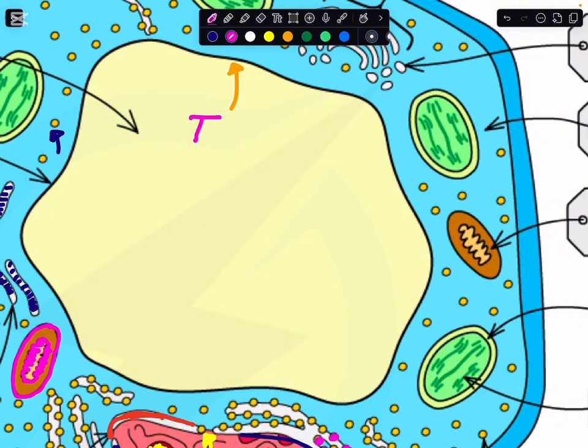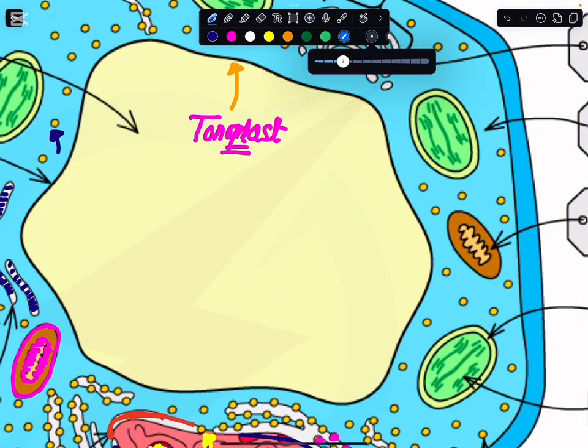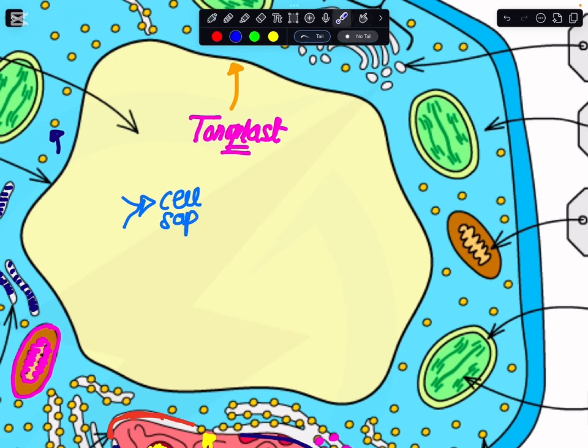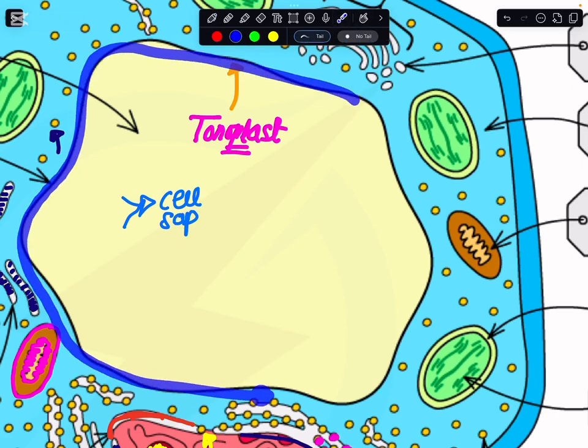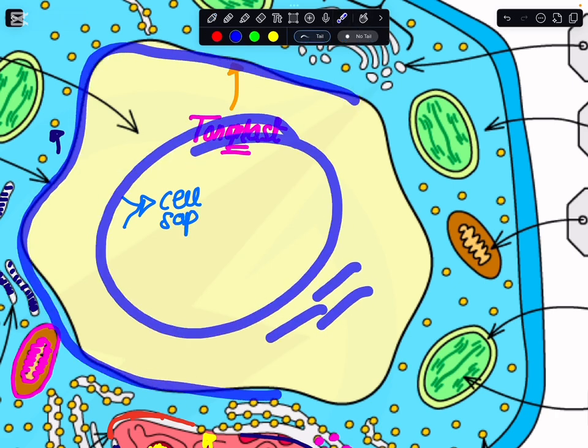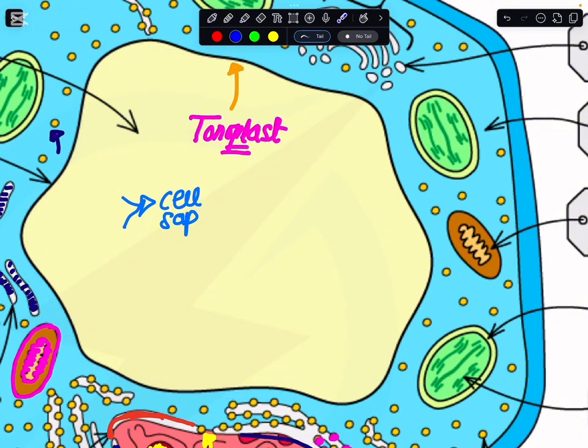The name of the membrane for the large vacuole is the tonoplast. Then there is the filling of a solution or fluid within the large vacuole, and you have to remember that we call this the cell sap. So this is the tonoplast of the large vacuole, and the fluid-filled space, all of it that we have in the large vacuole, is the cell sap.